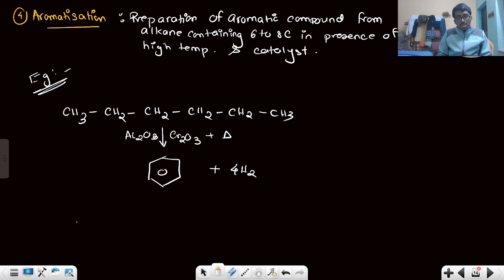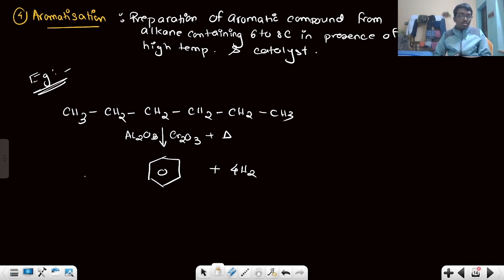Done. Now similarly, if I give you heptane, then what will happen? Benzene with a CH3 extra, that will become toluene. Clear? So you can understand, aromatization means alkane going to form an aromatic compound. If it is hexane, benzene; less than that is not possible. From heptane it will form toluene, and if you go one more, it will be ethyl benzene, no more than that.